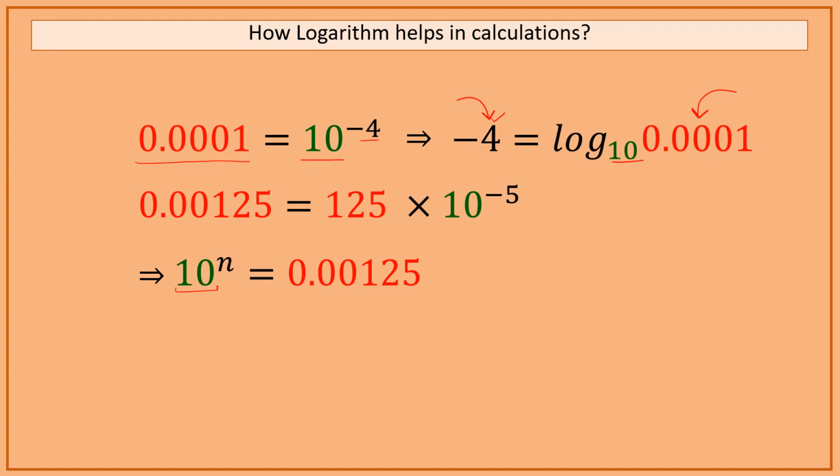That is, 10 raised to the power n is equal to 0.00125. Then what is the value of this n? In terms of logarithm, this can be expressed as n equal to logarithm of 0.00125 to the base 10.